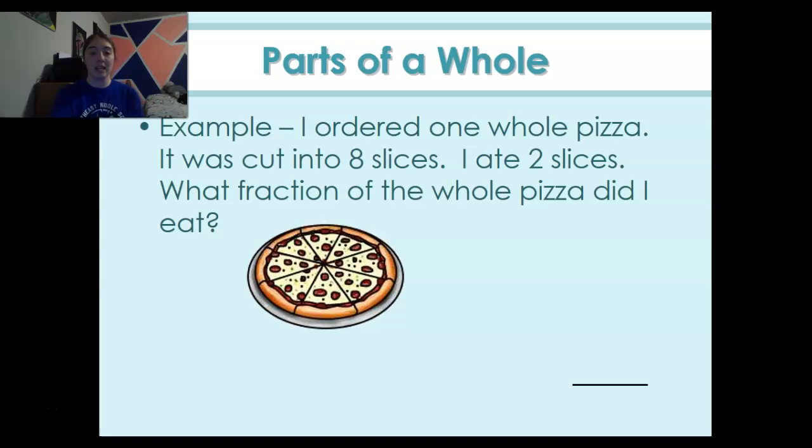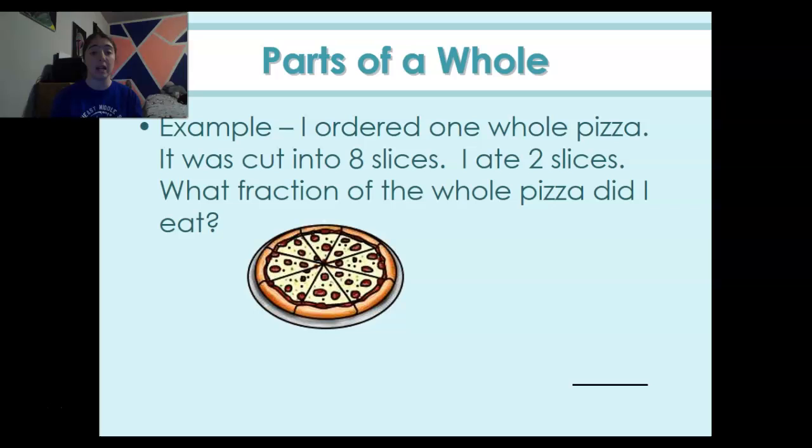All right, let's look at it in a word problem. So I ordered 1 whole pizza. It was cut into 8 slices. I ate 2 slices. So what fraction of the whole pizza did I eat? Okay, so the whole pizza, which would be the denominator, was cut into 8 slices.